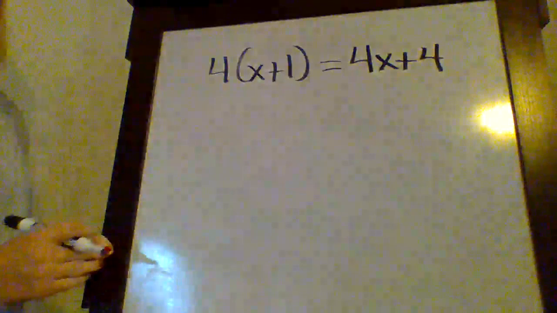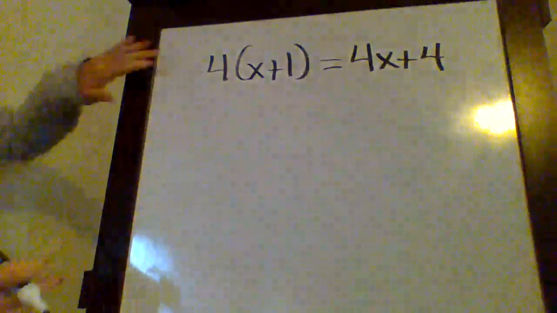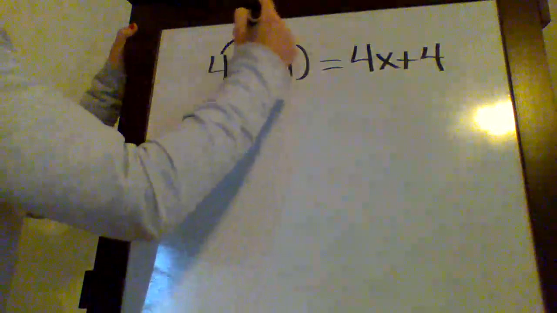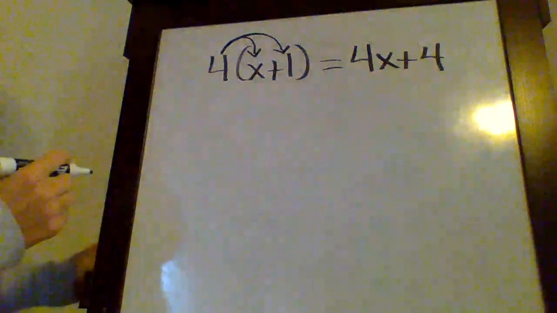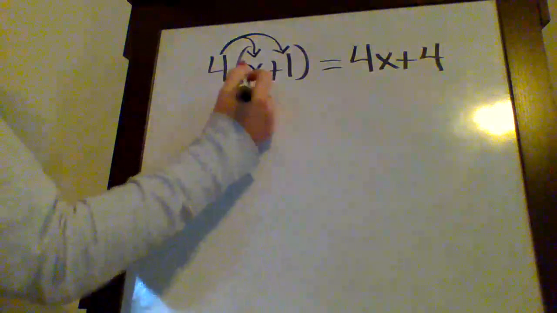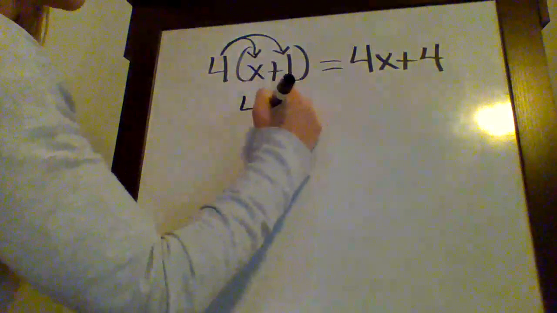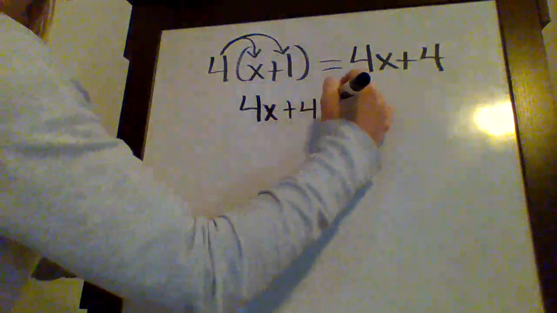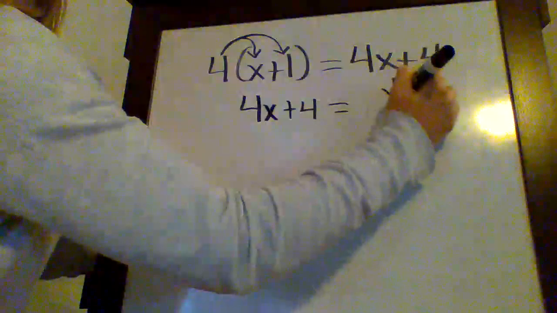The first thing that we need to do on this one is we need to distribute with our 4. So that means we're going to multiply 4 by each term, number, variable inside. So 4 times x gives me 4x. 4 times 1 gives me 4. I'm just going to bring all of this stuff down.